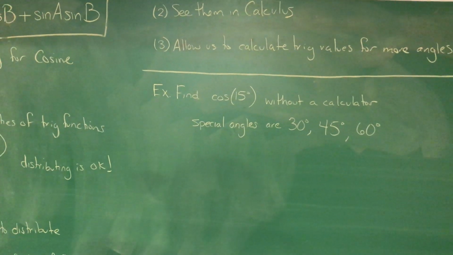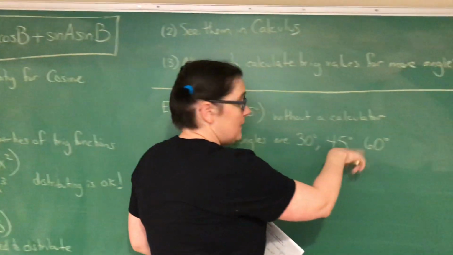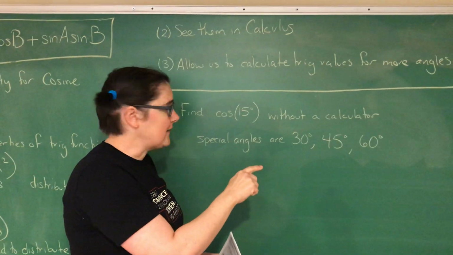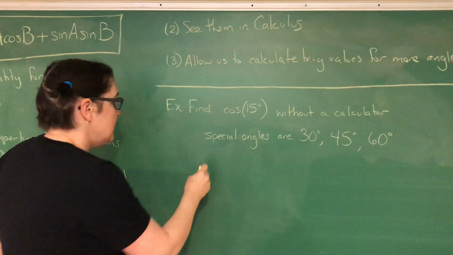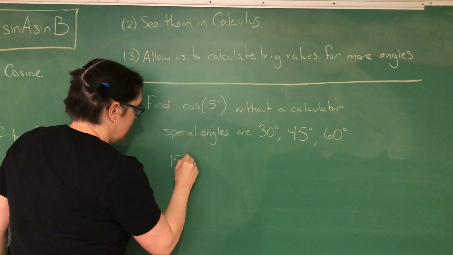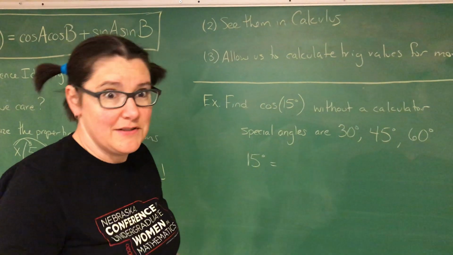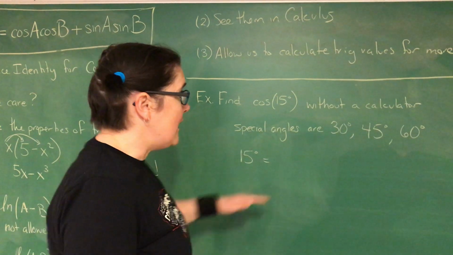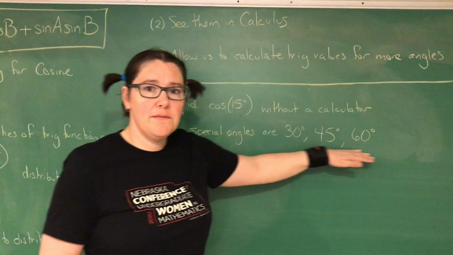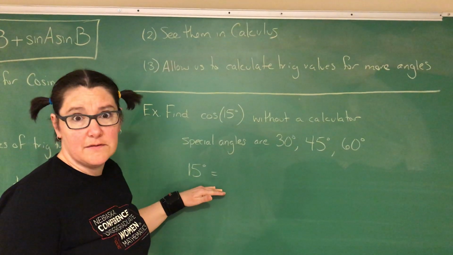Okay, so the question that we ask ourselves is, can I take two of the special angles and subtract them to get 15 degrees? And the answer is, yeah, I can do that. And if we were in class, I'd have you turn to your neighbor and say hello, and tell your neighbor one way that you can combine two of these angles up here by subtracting to get 15.